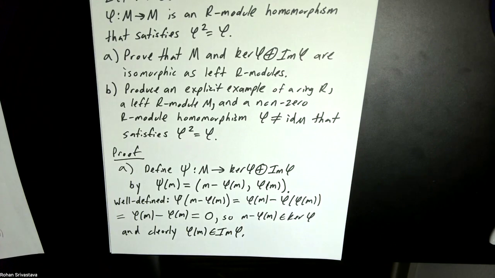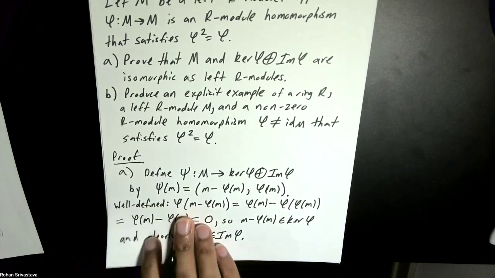Now we need to show two things, that it is an R module homomorphism and that it is a bijection, and that will show that it's an R module isomorphism. So let's do that it's an R module homomorphism first.